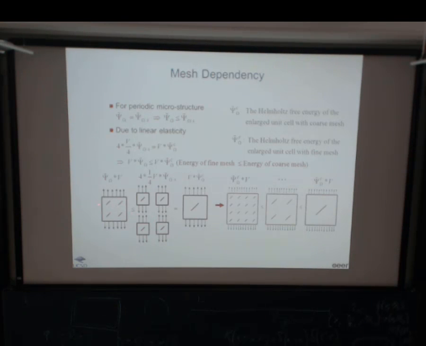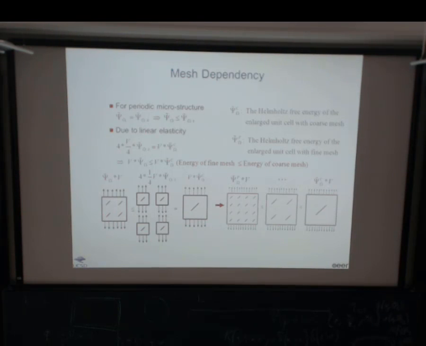Now, if you split this into 4, I already showed that this has a larger free energy than this. Now, with this, you can find an equivalent material with a larger crack that has the same free energy compared to this. So what it means here is that the free energy here is bigger than this.